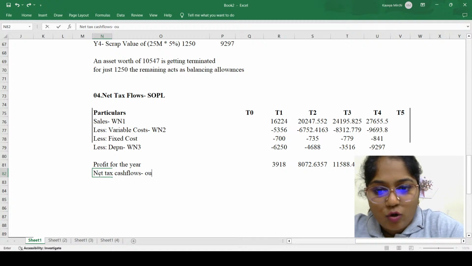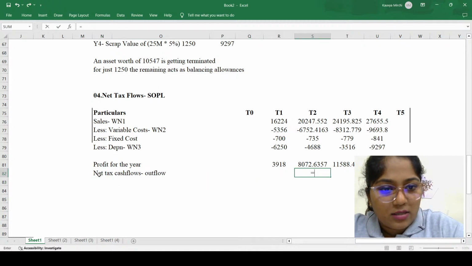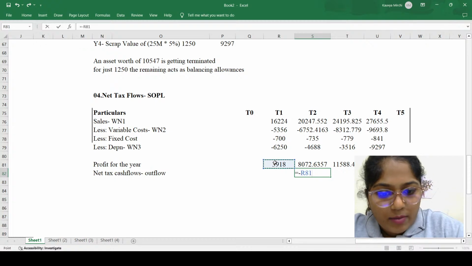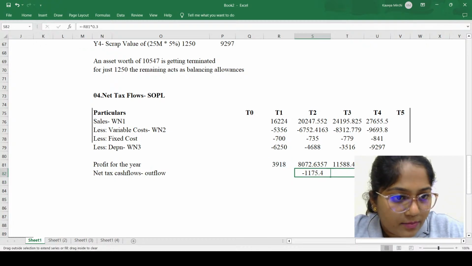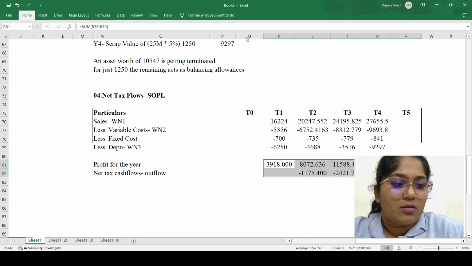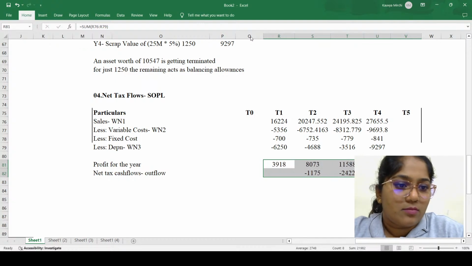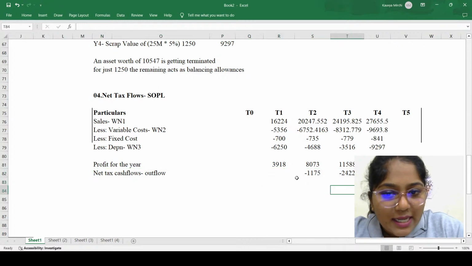So overall outflow will be of how much? It will be on 1 year arrear. It will be this value minus 30%. And I go do it till T5. This is how my net tax cash flow works. So I know what is my net tax cash flow.